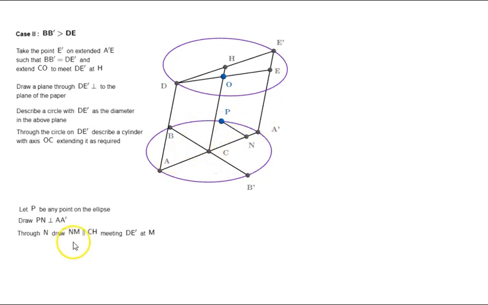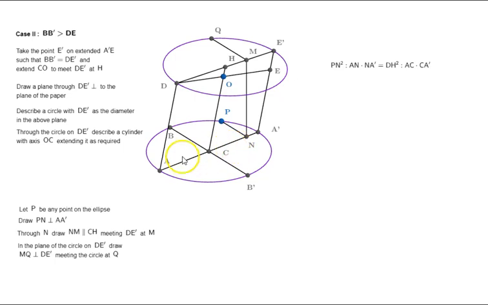Draw NM through N parallel to CH, meeting DE prime at M. In the plane of the circle on DE prime, draw MQ perpendicular to DE prime, meeting the circle at Q. PN square is to AN times NA prime is equal to DH square is to AC times CA prime.